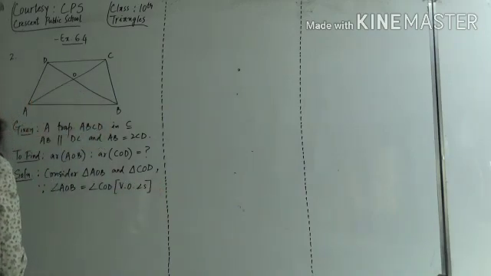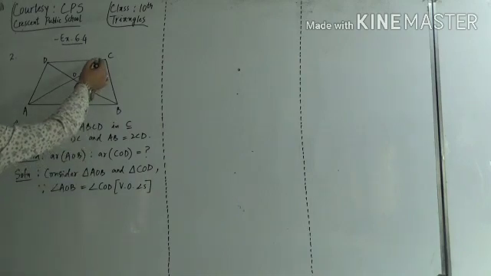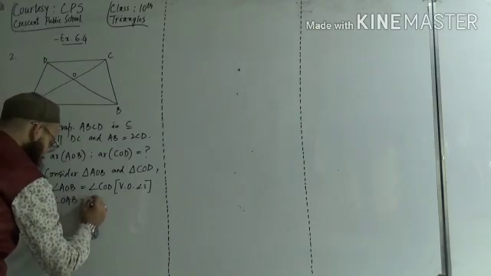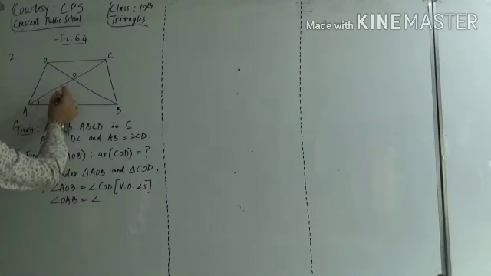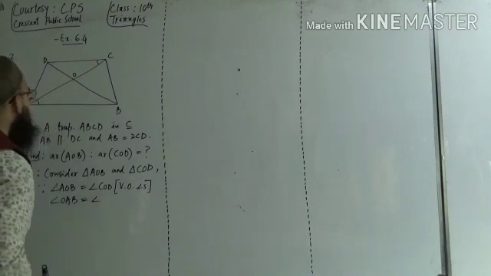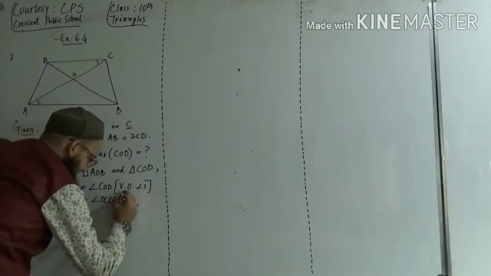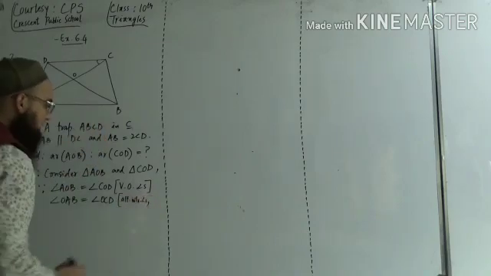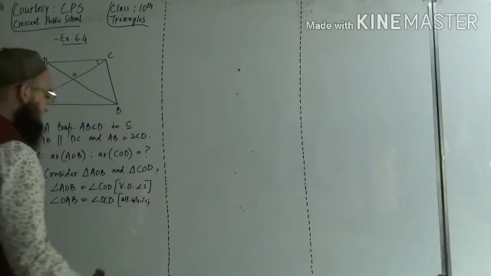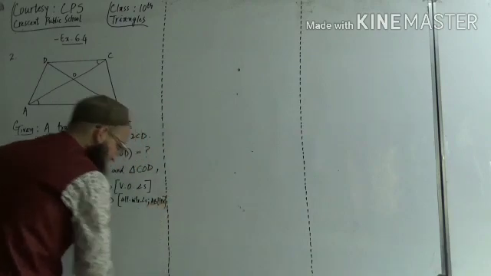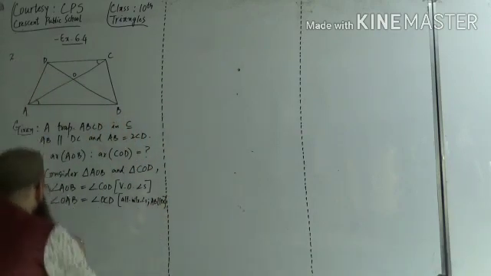Vertically opposite angles. Then I can say angle OAB is equal to this angle OCD, since AB is parallel to DC, these are alternate interior angles. You got the reason?